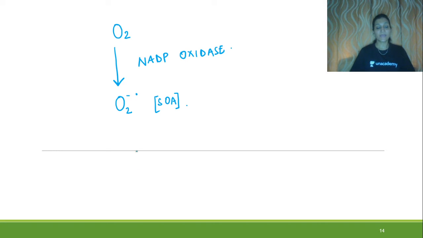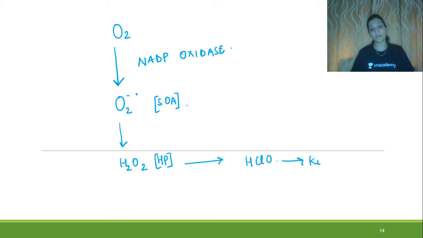This is why NADPH oxidase is linked with generation of free radicals, which further lead to the formation of hydrogen peroxide, and this hydrogen peroxide will further form hypochlorous acid, which will actually kill bacteria. This reactive oxygen species can also directly kill bacteria.